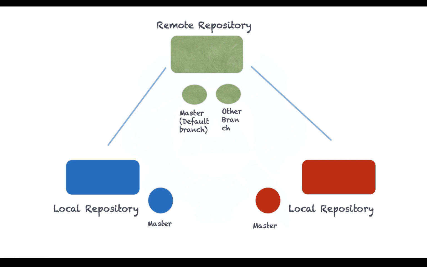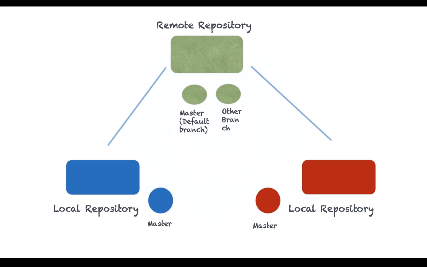In this session, we'll see how to trace a particular branch in your local repository, how to map it properly with the corresponding remote branch, and how to check out a particular branch from your local repository when you clone it from the remote repository.